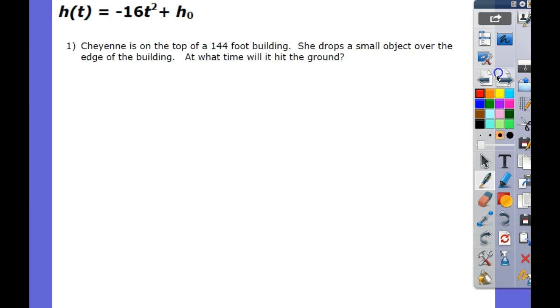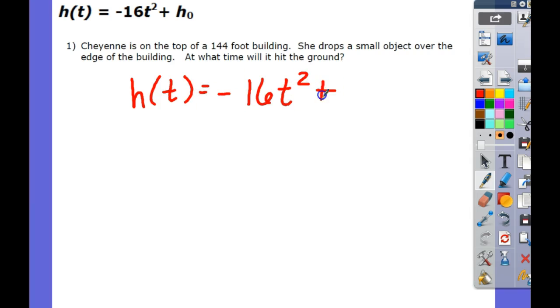So Cheyenne is on top of a 144-foot building, and she drops an object over the edge. So where's it going? And how long is it going to take to hit the ground? And so this is the equation for a dropped object. Where was it to start with?